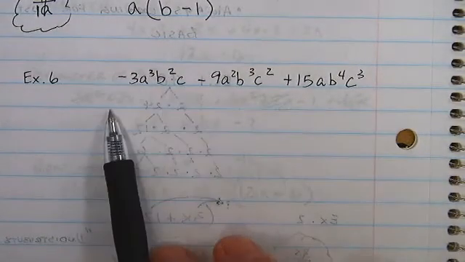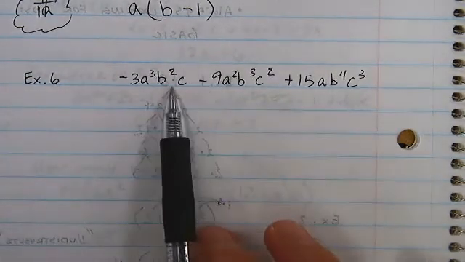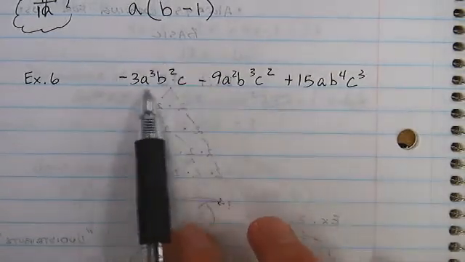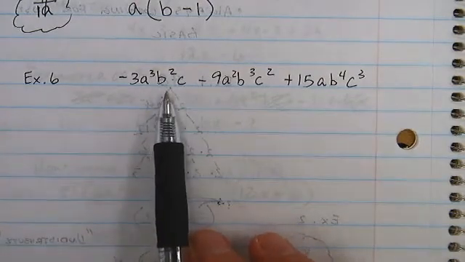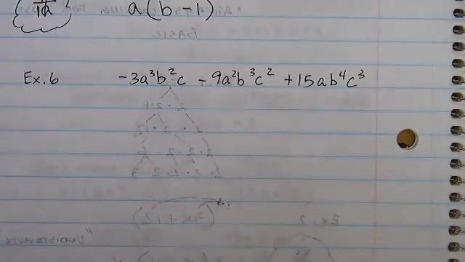So we're going to have a factor of what we're taking out, and then we're going to have the remainder of what's left after we take that out. This is going to be our lead term right here, this -3a to the third b squared c. We want to try and make that positive. It's just good form to have a leading coefficient that is positive as you move into the rest of this unit and beyond.